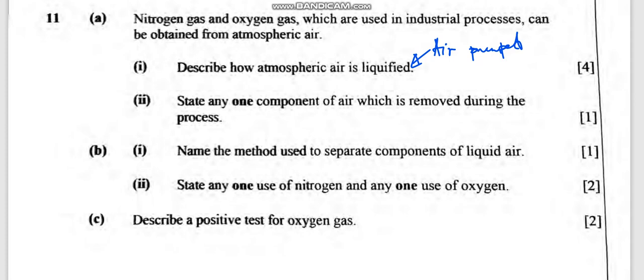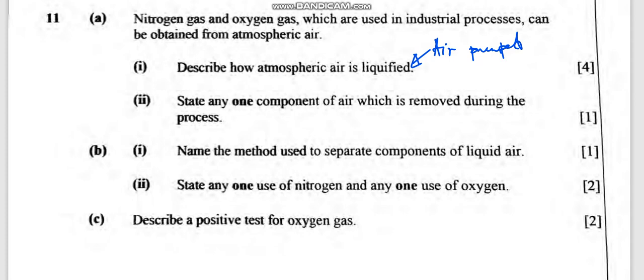So number 1, the air is filtered to remove dust particles, and number 2, the temperature is reduced to minus 56 degrees. What happens if the temperature is reduced to minus 56 degrees?